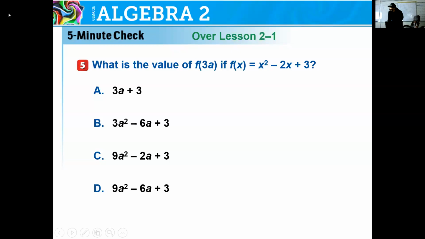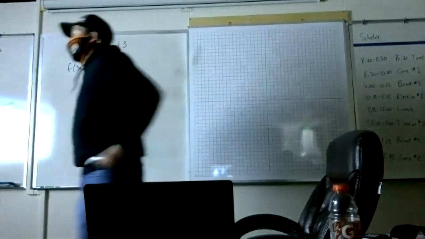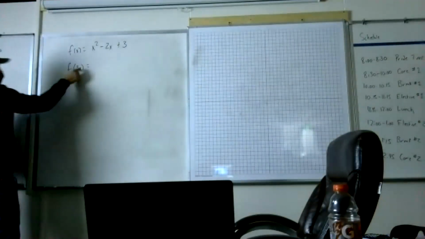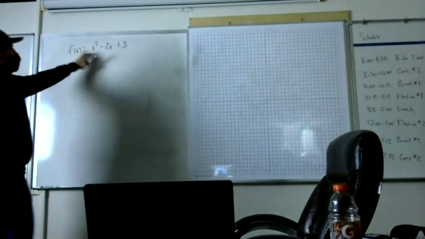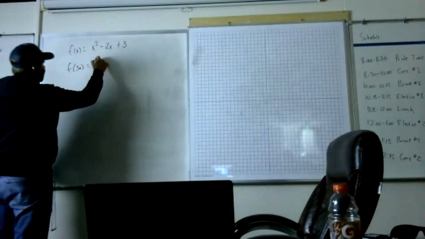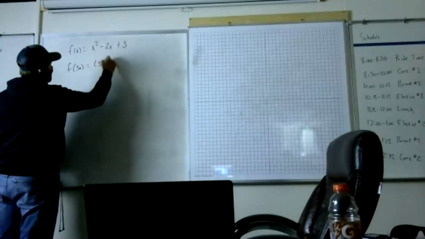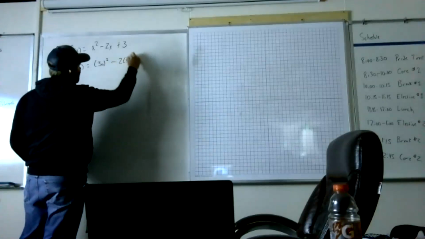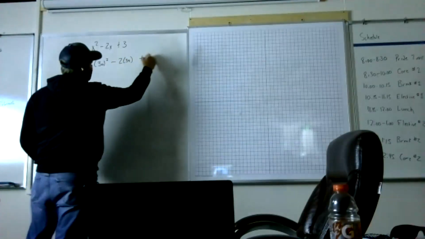All right. So evaluating the function again, remember the whole key is whatever is on the inside of the parentheses gets plugged in for each value of x. So f of 3a in all reality is 3a squared minus 2 times 3a plus 3.